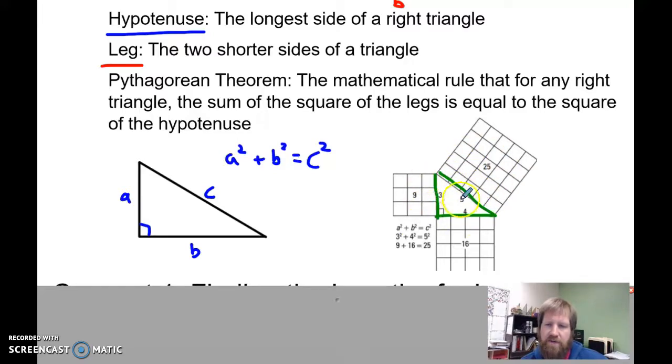And this works for any values, but a lot of the time you're not going to have nice values like this. This is what's called a special triangle, because this is an integer, this is an integer, and this is an integer. It's called a 3, 4, 5 triangle. There are also special triangles that are multiples of these. So we have 3, 4, 5. We could have 6, 8, 10.